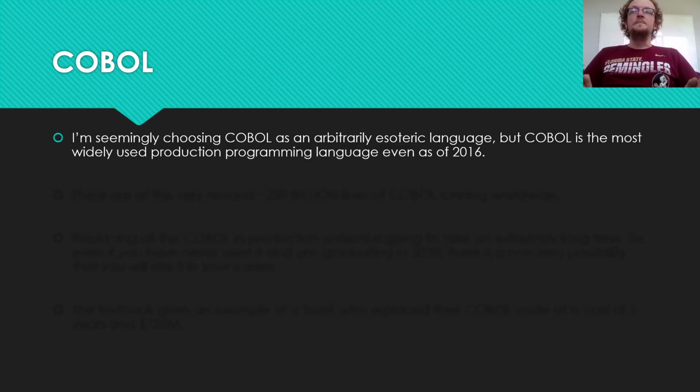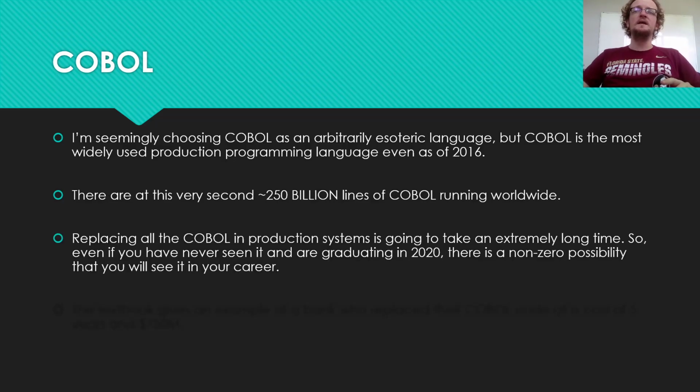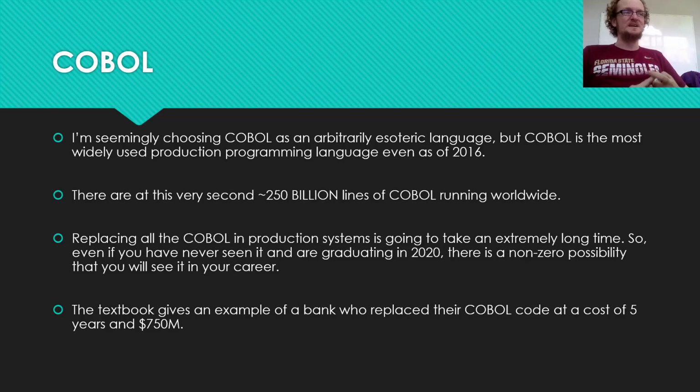And so there was a report at around the end of 2016, something like that, that COBOL actually had the largest number of production lines of code running by, I think, nearly an order of magnitude. So at the very second of this recording, there are some quarter of a trillion lines of COBOL running worldwide. And these things are running not trivial things, right? They're running banks, they're running large financial lending institutions, they're running governments, they're running not necessarily taco stands and things like that.